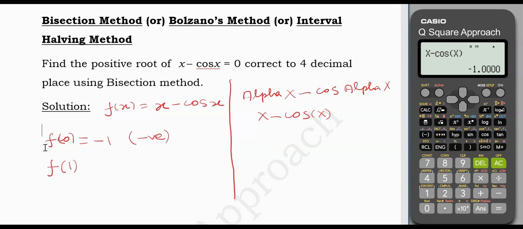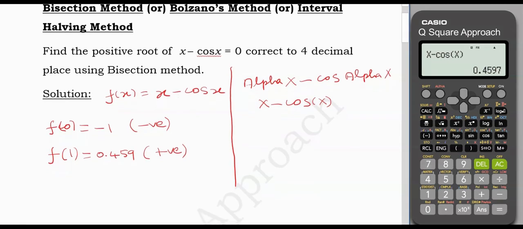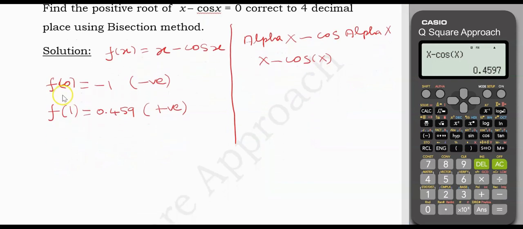In the calculator again press calculation button and give 1 for x, then press equal, then f of 1 is 0.4597, this is positive. For 0 we have negative sign and for 1 we have positive sign. So the root lies between 0 and 1 as we discussed in the last video.